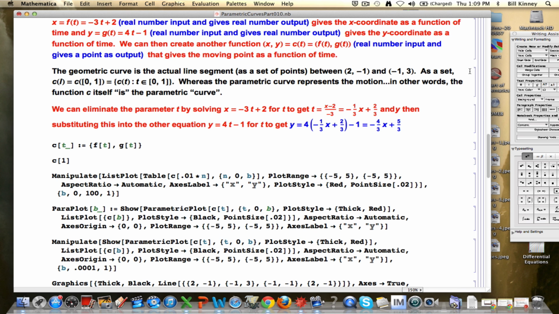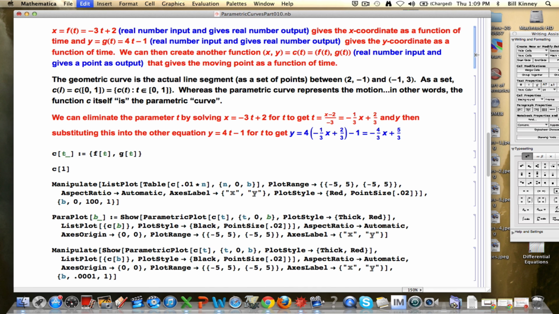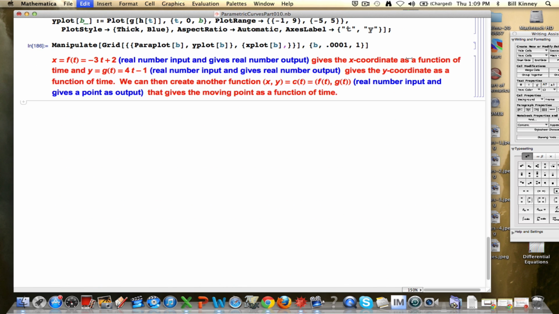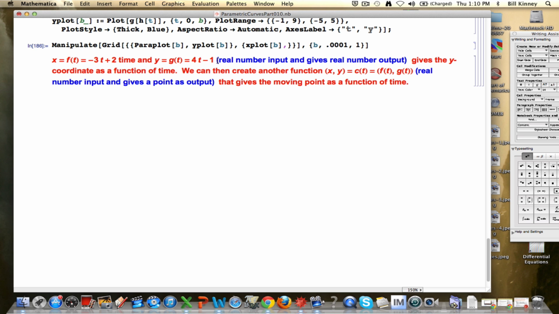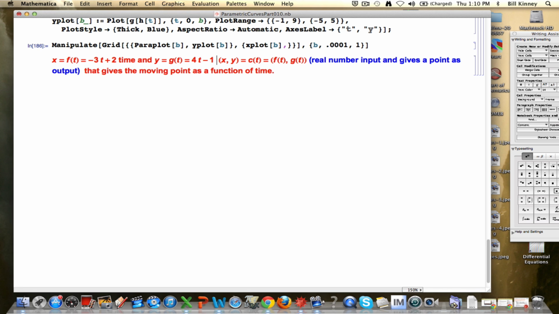So I'm going to go back up here and copy and paste what I have here down here. I've got my two original functions, x and y. I've also got my function c. So I'm just cutting out some stuff.